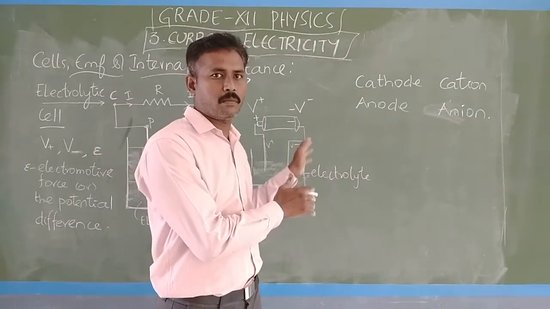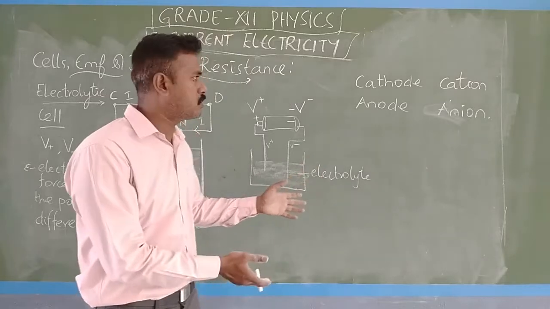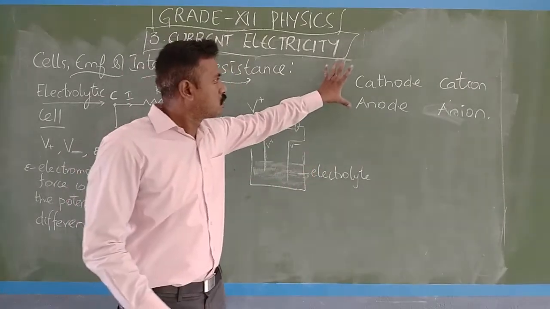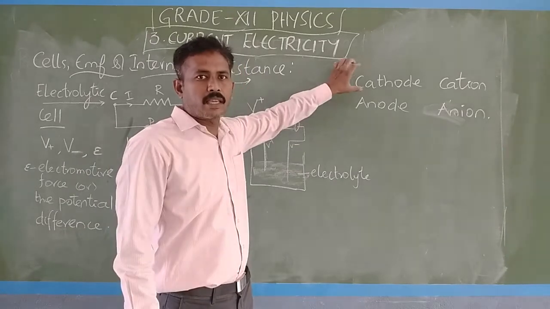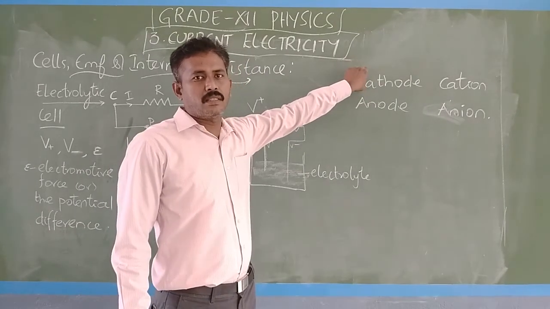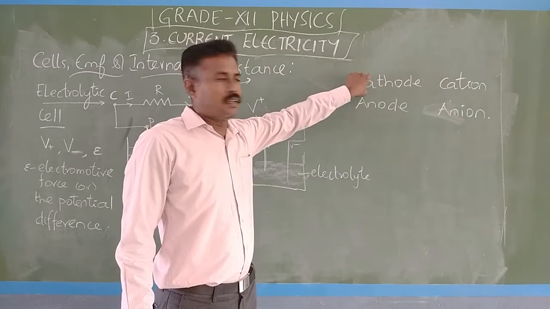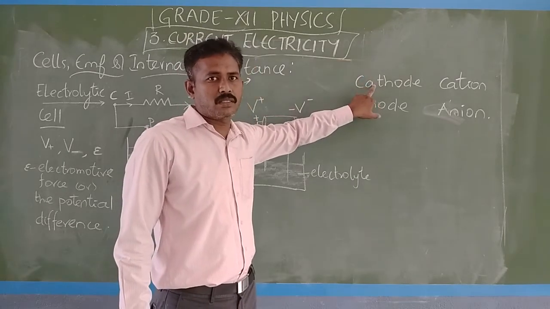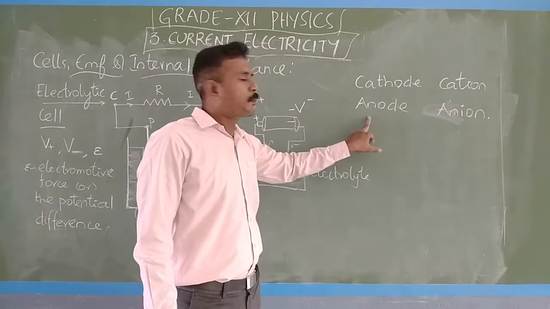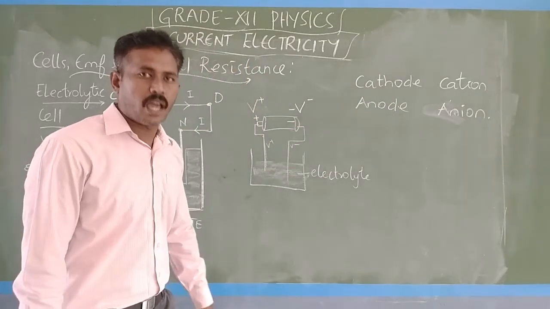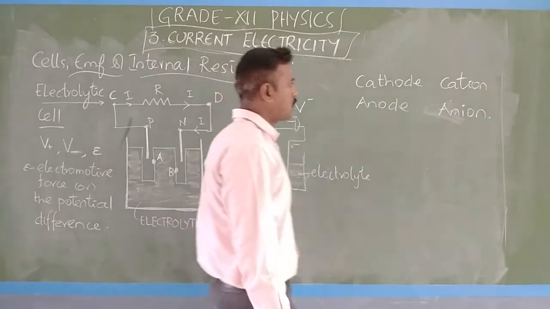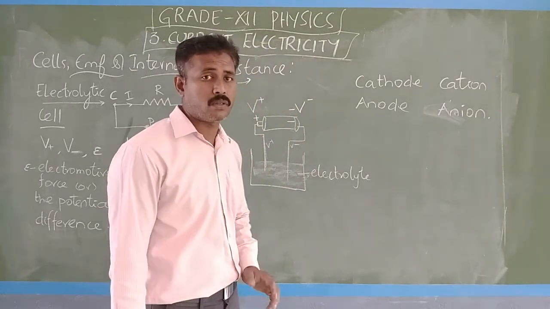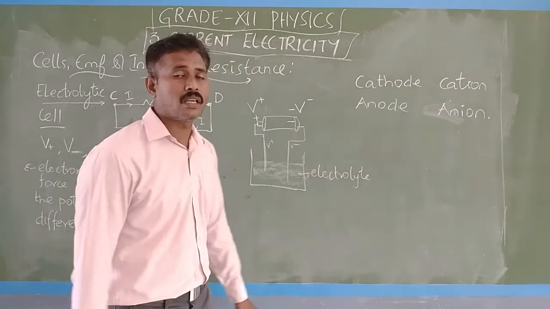Your chemistry background will help you understand very well, but I will tell you simply. The negative terminal, we call it the cathode. The positive terminal, we call it the anode. For a cell, the negative terminal is the cathode and the positive terminal is the anode.